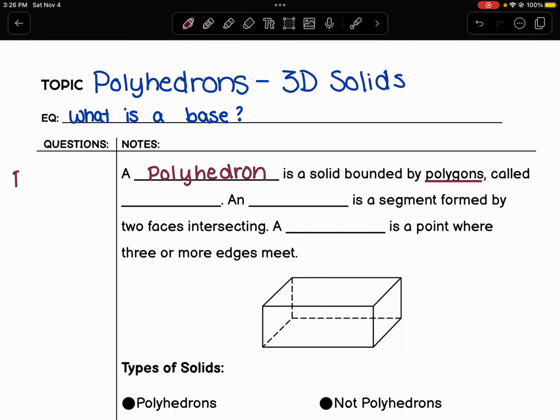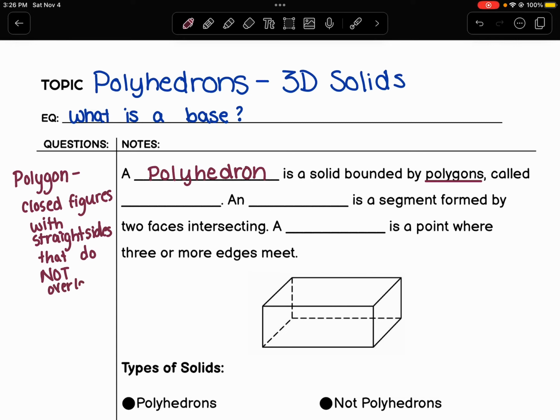And we know that polygons are closed figures with straight sides that do not overlap. So, a polyhedron is a solid bounded by polygons, and all of those polygons that make up our solid are called faces.